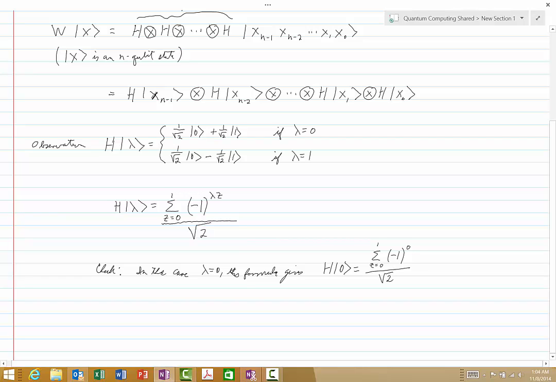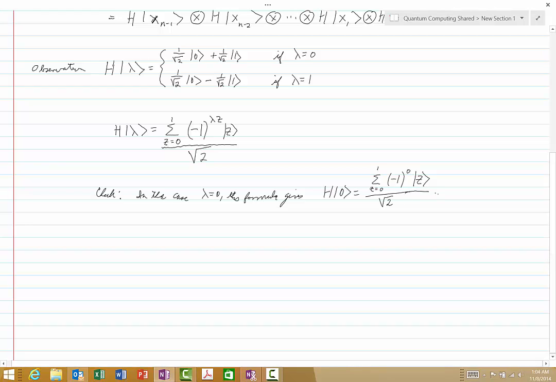Oh, and sorry, I left out one thing here. We should have a z here, and likewise here. And so when we now go ahead and write out the terms in this summation in the top, of course, negative 1 to the 0 is just 1. So we have the sum z equals 0 to 1 of z over square root of 2. And this would give us the correct answer. H operating on 0 is 0 plus 1 over square root of 2.